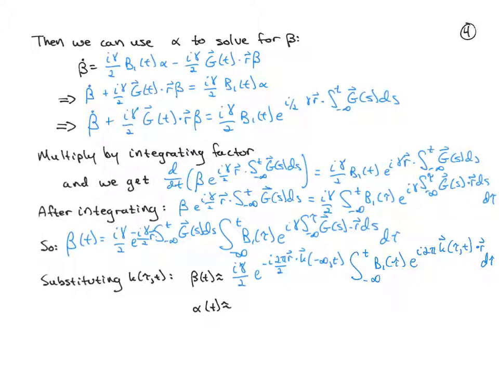And alpha of t has the expression we showed earlier, e to the minus i 2 pi over 2 times r vec dot k vec of minus infinity to t.